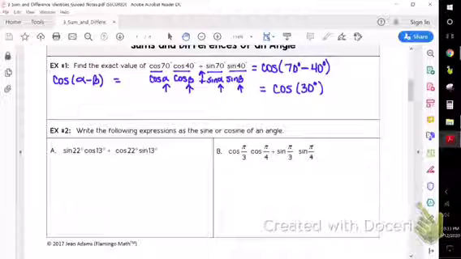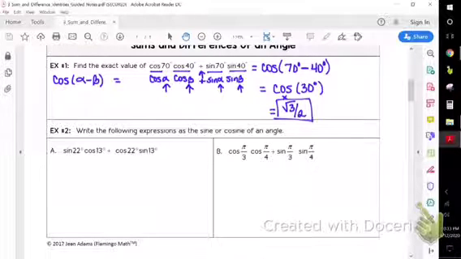And that's an angle that's on our unit circle. So therefore, we can figure out what cosine of 30 degrees is by using our unit circle. Remember, cosine is your x or your y value? It should be your x value. So look at 30 degrees and tell me what your x value is. You should have the square root of 3 over 2. And so that is our solution.